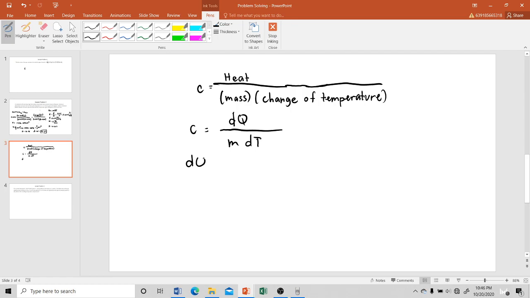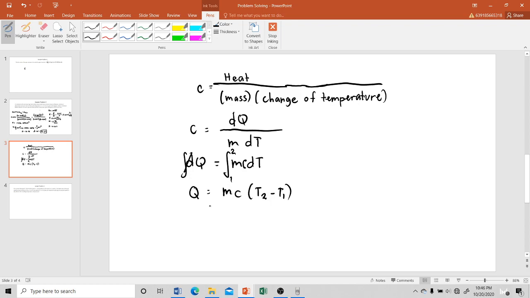Or we can get the formula by using integration. So dq is equals to mass times differential temperature. To disregard the differential, so Q from 2 to 1 is equals to MC, from point 2 to 1, temperature 2 minus temperature 1.